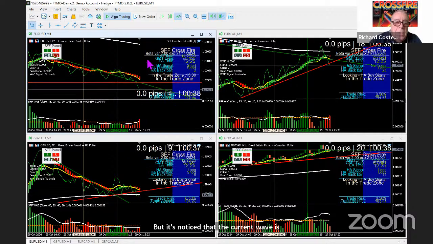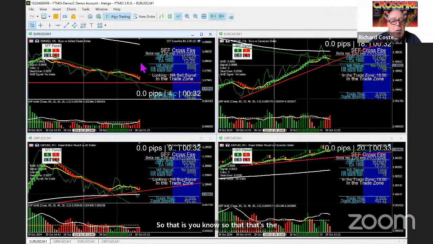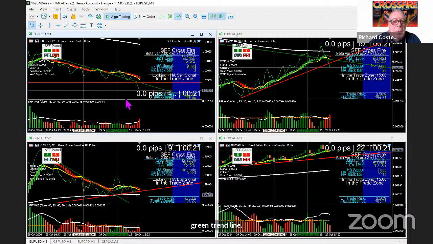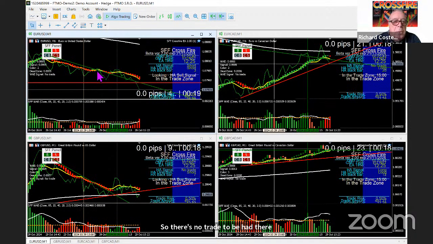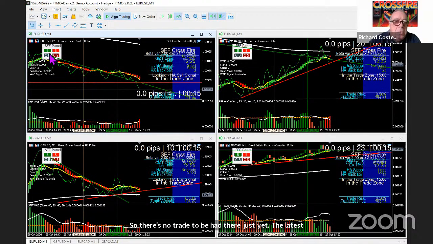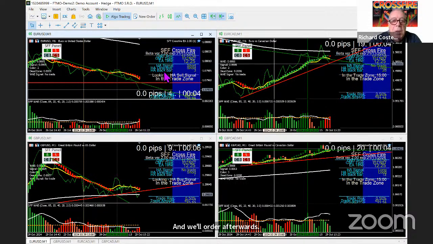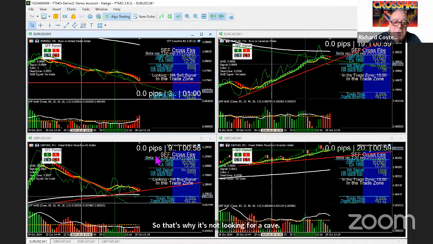So that's the 200 moving average, that's the 13 moving average. We're looking at a downward wave, which is contradicting the fact that we're above the green trend line. So there's no trade to be had there just yet. The latest crossover was way back before that chart start. And the water atta is looking more like a sell than a buy. So that's why it's not looking for a trade. Not likely to take a trade just now.